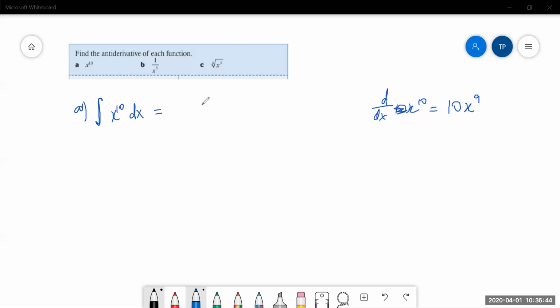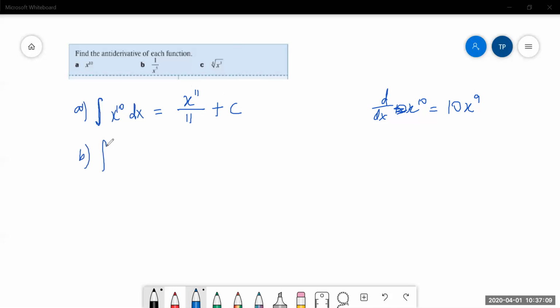So what we're going to do is, do you know what we're going to do? x to the power of 11 over 11. Yes. So you add 1 to the power, divided by the new power, then you have to plus C. Plus C. Yeah. Correct.